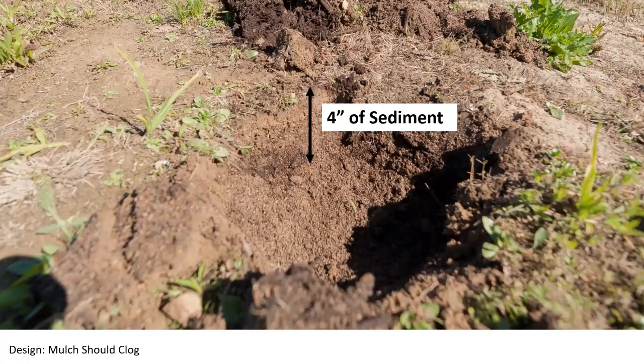And so that's really one good reason about mulch is that it should clog. We want it to be the sacrificial layer so that we don't end up compromising the infiltration rate of our engineered soil. And when it comes to maintenance, it's always good to at least know that if you do have someone doing maintenance, make them know the difference between engineered soil and just clogged soil or clay soil or whatever kind of sediment deposits on top.